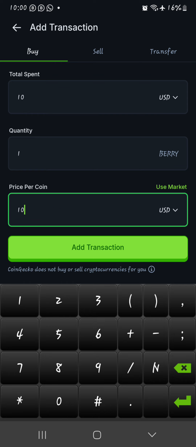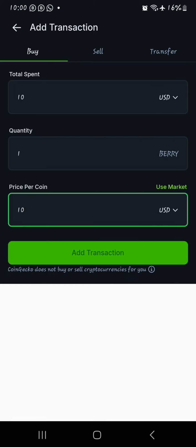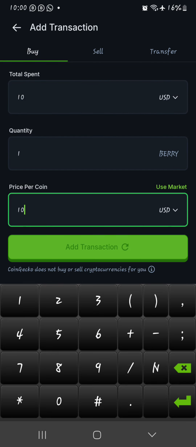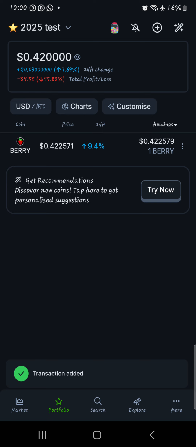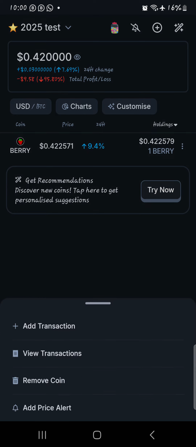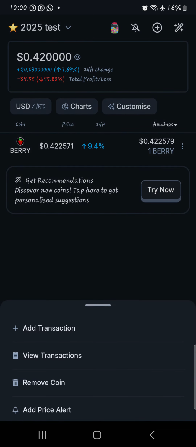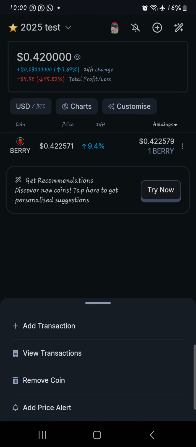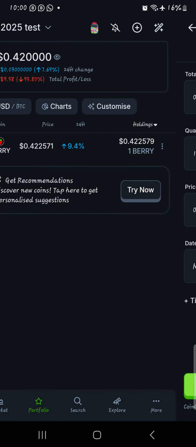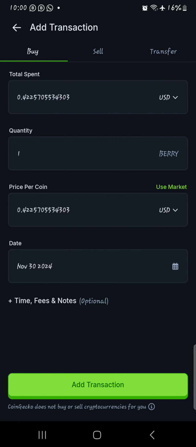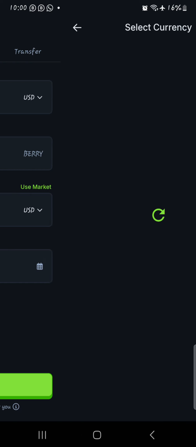I can put $10, and do that. No, that's wrong. No, not remove coin. Remove, add transaction. Okay, I spent $10. Okay, that's it.